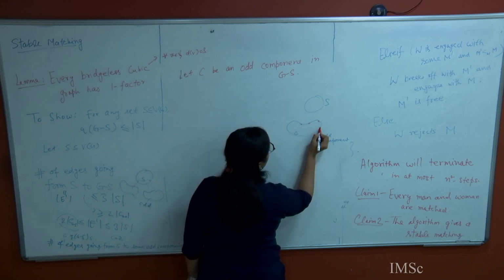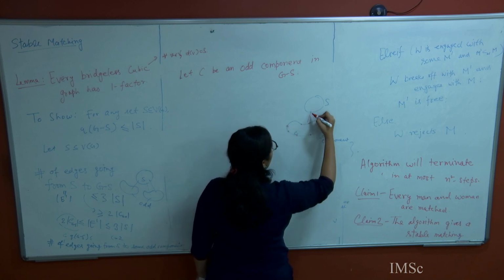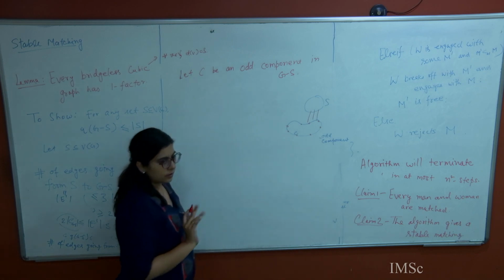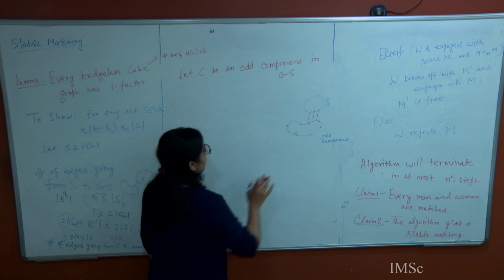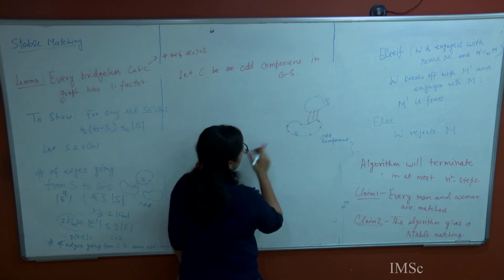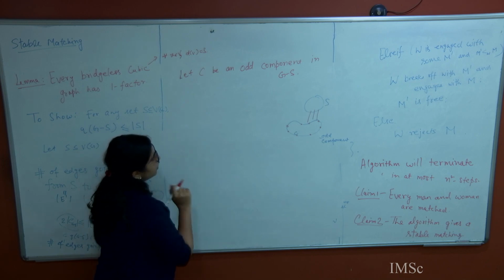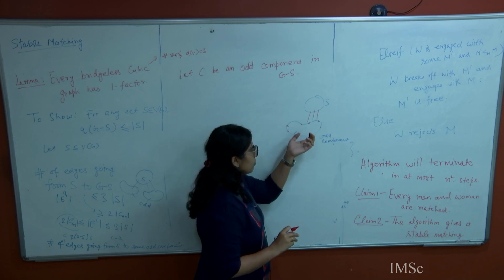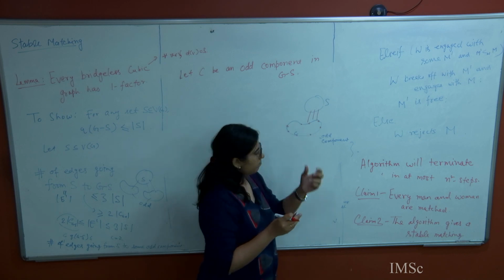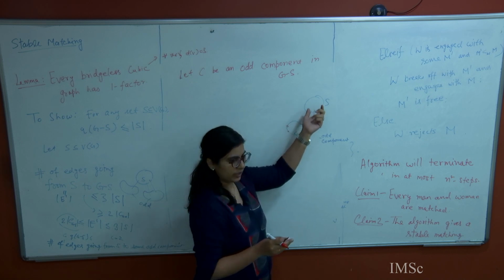If we want to look at how many edges are going across this boundary, we need a lower bound on these edges. So what can we do? We can look at the degree sum. The number of edges inside C, but C can have some edges going outside as well.